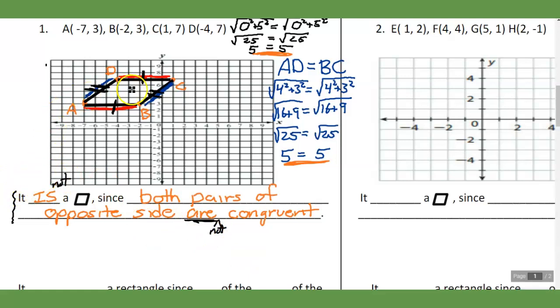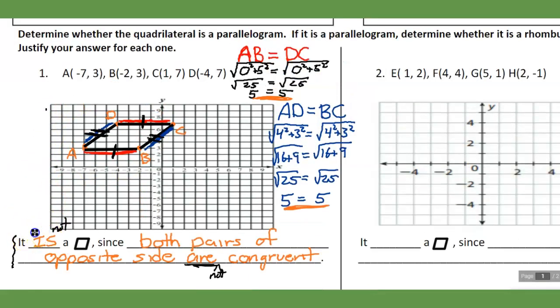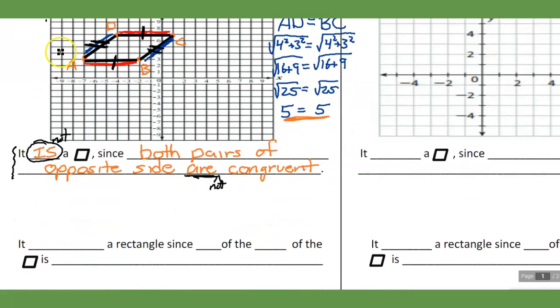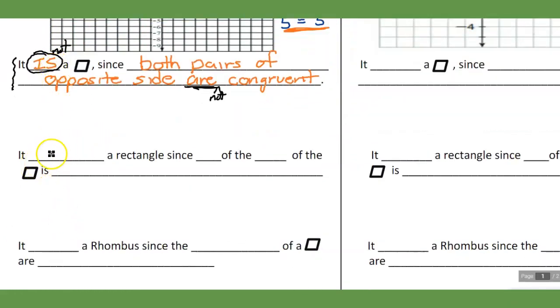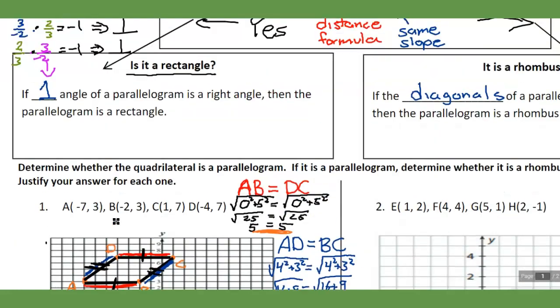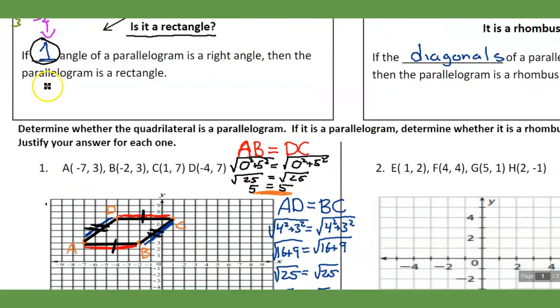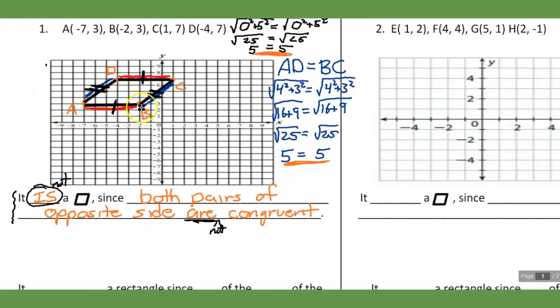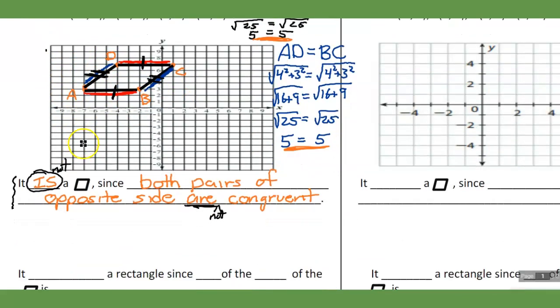Okay. So since this is a yes, since it is a parallelogram, then we go down to the next two and check to see if it's a rectangle and if it's a rhombus. Check them both. Okay. So for a rectangle, recall, we just have to check any one angle and see if it's a right angle. So we can check either A, B, C, or D. It doesn't matter, but we just have to check it.